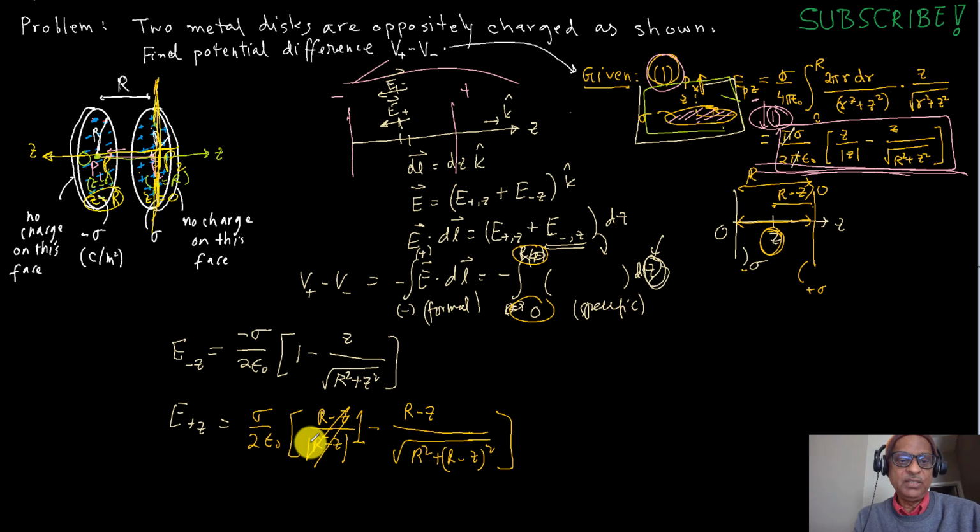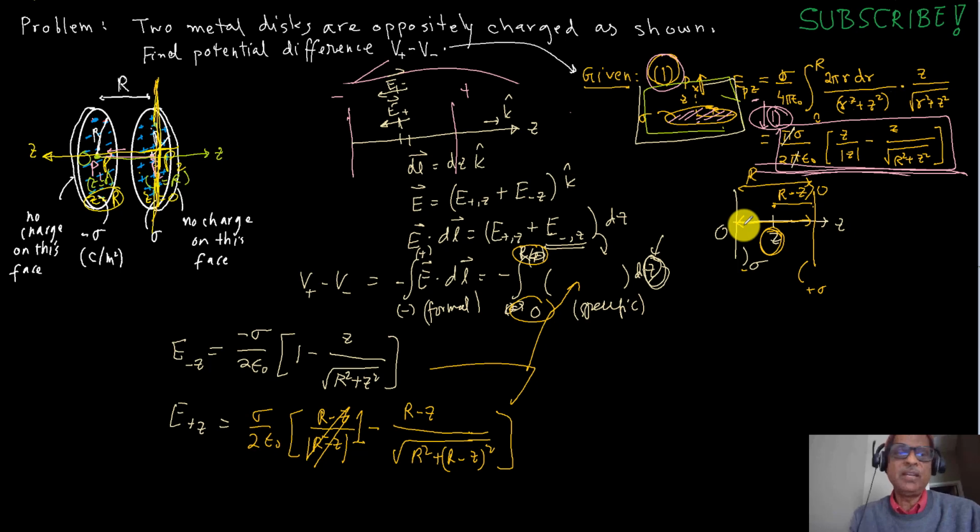Then we need to put this in here, integrate, and see that the answer is the same as the one we got before. So you can see already a lot more work going down this path.